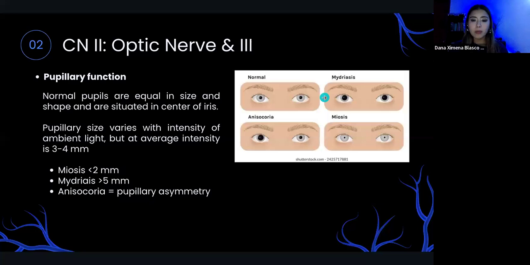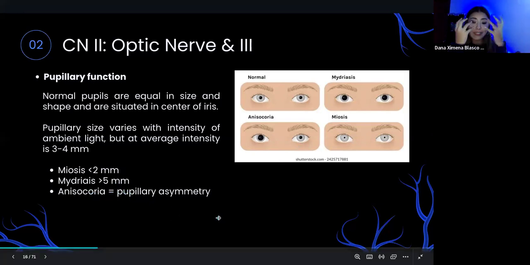So that's normal. But if we have less than 2 millimeters, this is something physiological depending on the ambient light, we're going to have miosis. If it's above 5 millimeters, we're going to have mydriasis. If there is a pupillary asymmetry, it's called anisocoria.